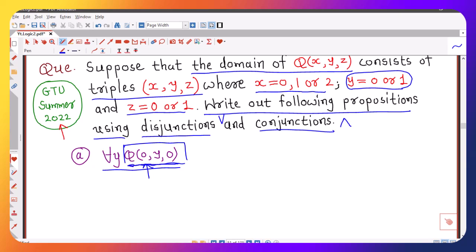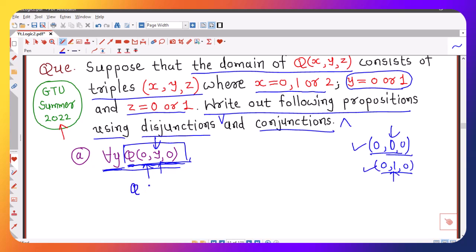First we put y equal to 0 here, then we obtain 0, 0, 0, and for y equal to 1 we will have 0, 1, 0. So by taking y equal to 0 and 1, we have these two triples, and it is given that for every possible value of y we have this proposition. That means this proposition is true for the triple 0, 0, 0 as well as for 0, 1, 0.